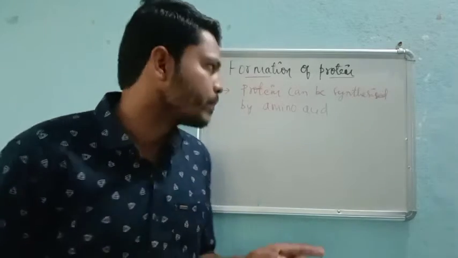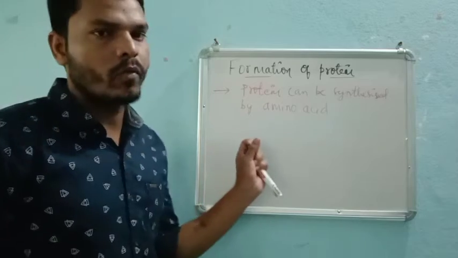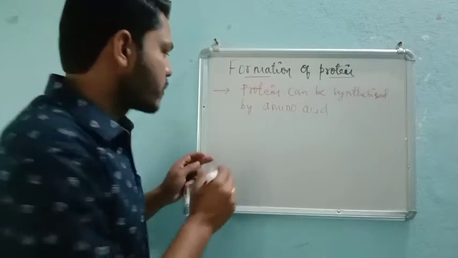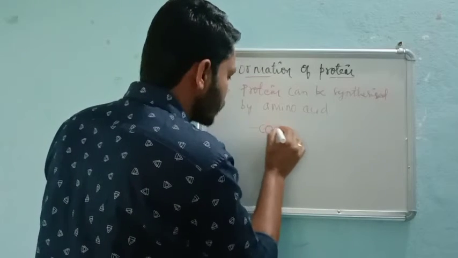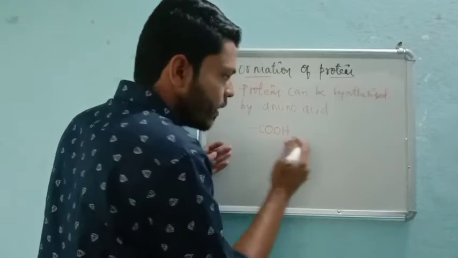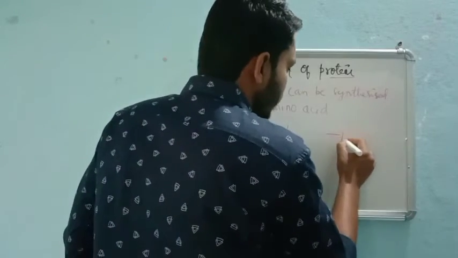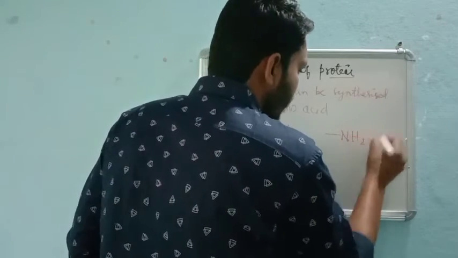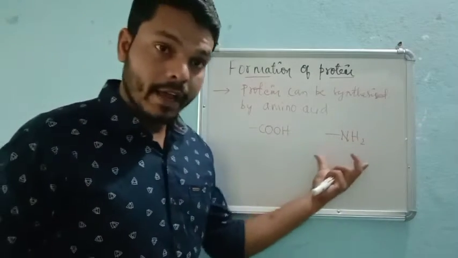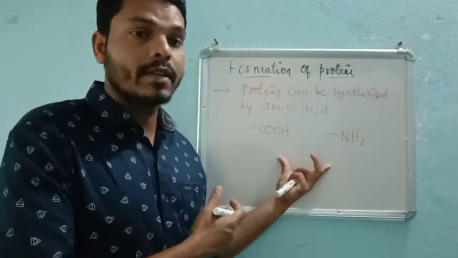See, I will show you. During the formation of a protein, the COOH group of one amino acid interacts with the NH2 group of another amino acid. I have already shown you this in the last class, right?